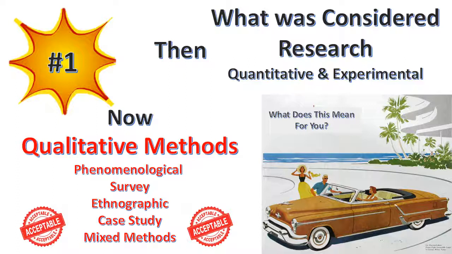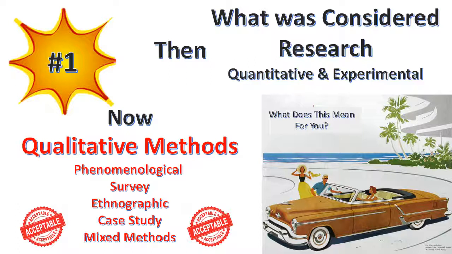So we see a lot of survey research, ethnographic research, case studies, mixed methods, and that's one of the biggest changes that I've seen in, say, the last 10 or 15 years. The increase in doing mixed methods research, where I'm more of an either-or person, either quantitative or qualitative research, because it's very hard to do either one very well when you're trying to do them at the same time.